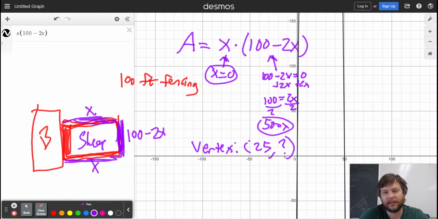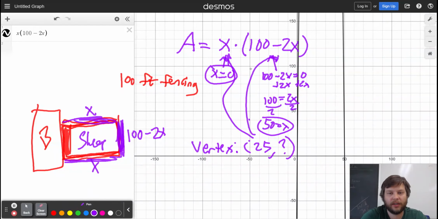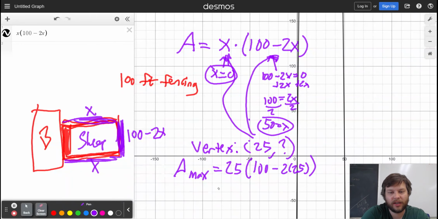I can get that something by plugging 25 into the area. So the maximum area is 25 times 100 minus 2 times 25, which gives me 25 times 100 minus 50, or 25 times 50.